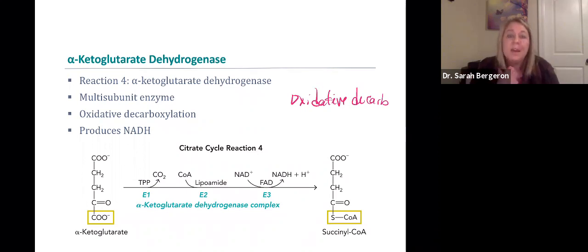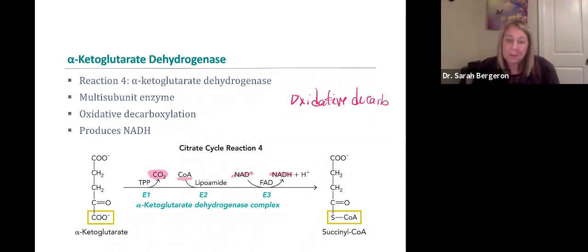It's the same catalytic mechanism. So just like in our pyruvate dehydrogenase complex, what are we going to produce? The same things. We're going to produce a CO2 molecule. We're going to use CoA in order to be a carrier for our carbon-containing molecules. So we're going to use up a CoA, and we're going to convert NAD plus to NADH.